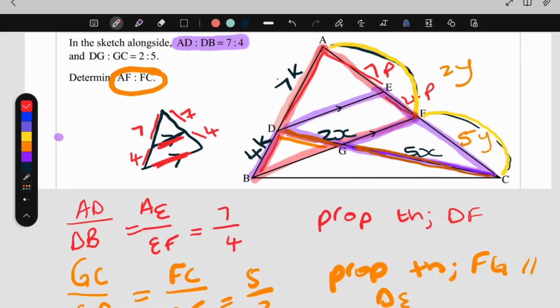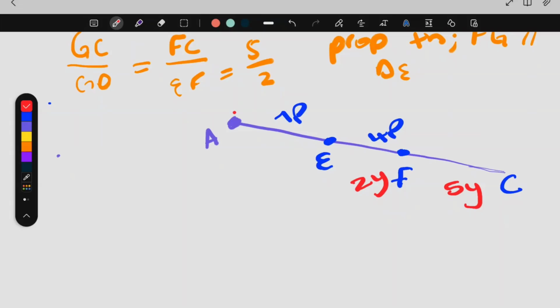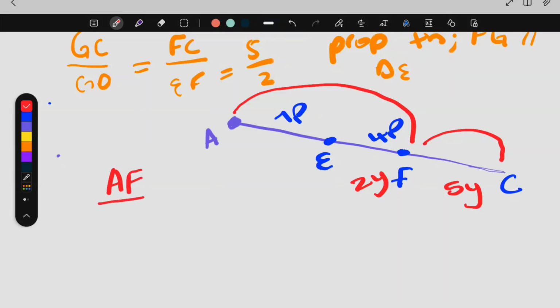And the question is, we have to determine AF is to FC. So if I had to write this down, I would say AF over FC is, AF is 11P. But if C is 5Y, so we have a problem because this P and that Y can't cancel.